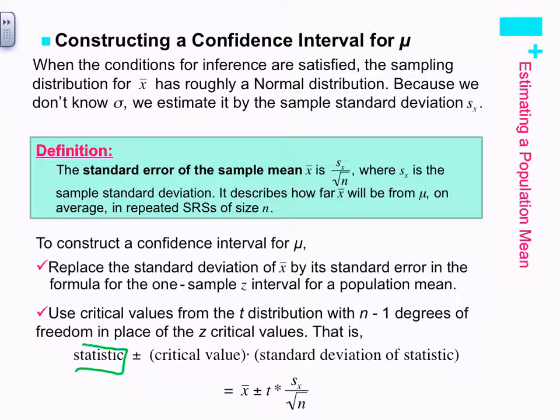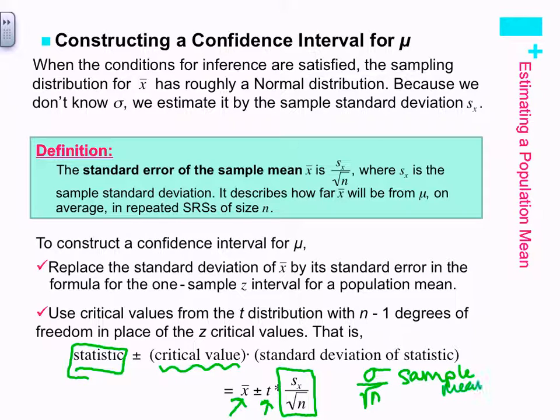Our statistic right now is x bar, your sample mean. Your critical value is now coming from a t distribution, so it's a t critical value, and then your standard deviation is now the form that you have to follow for a sample mean, which is given on your reference sheet.